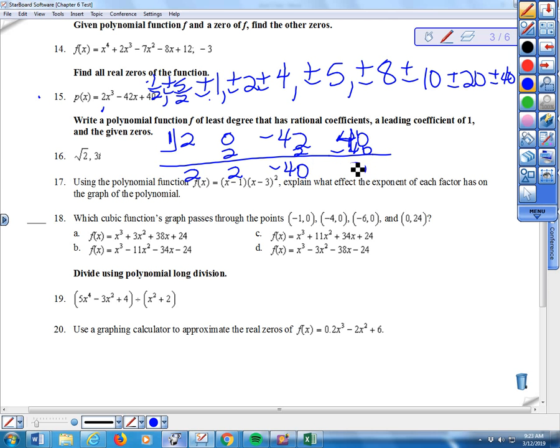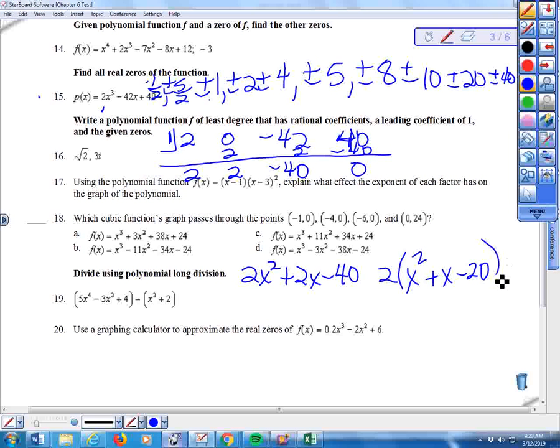Okay, so what I have left is 2x squared plus 2x minus 40. Can factor a 2 out. And I know that this will be x plus 5, x minus 4. So my zeros are 1, negative 5, positive 4.